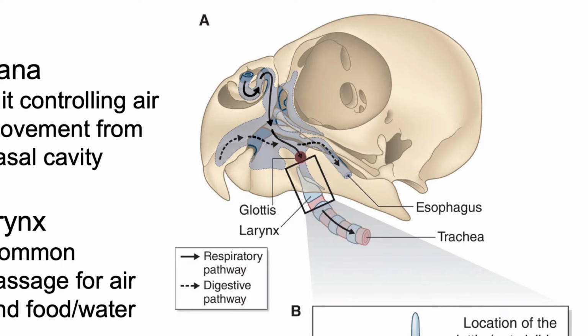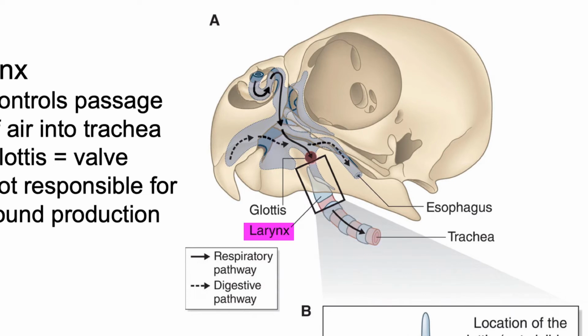Once the air passes through the choana, it enters the pharynx. The pharynx is a common passageway for both air and food and water. Air then goes through the larynx. The larynx is a mechanism going from the pharynx that allows for controlled passage of air into the trachea, which is going to lead to the lungs.